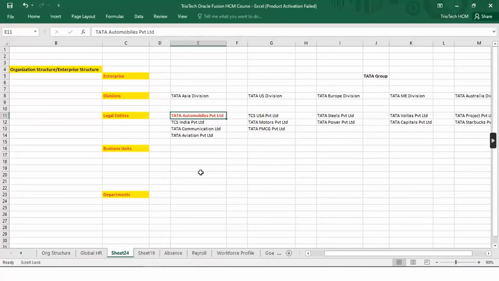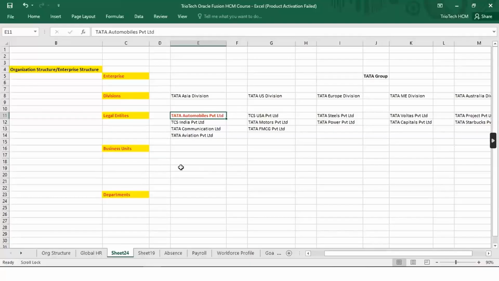So what every organization usually will do under that particular company, from a business operations point of view, in order to have their business operations conducted more conveniently, is bifurcate into different business units or operational units.